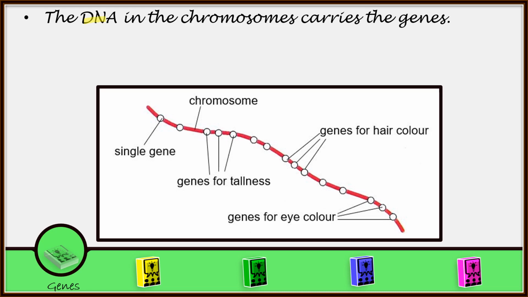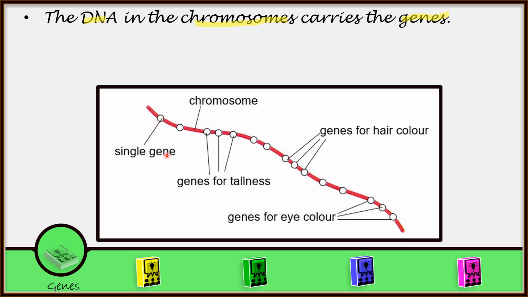The DNA in the chromosome carries genes. So if we take this one to be our DNA, this DNA is on the chromosome and it carries genes at particular points. This is a chromosome, and this chromosome has got DNA and it carries particular genes.